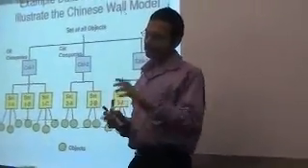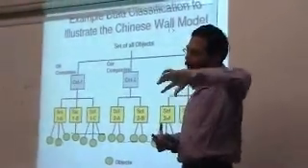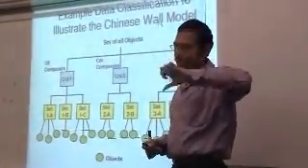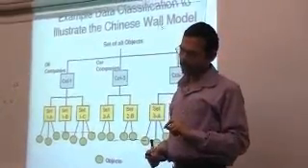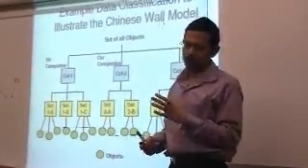But once you access some objects, then which other objects you can access depends on what you have already accessed. Okay, so it's like again the Chinese wall model, as I said.